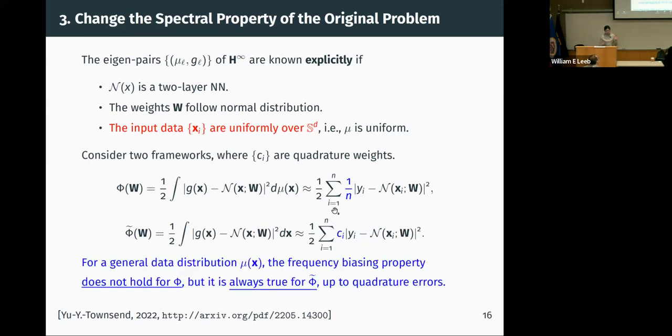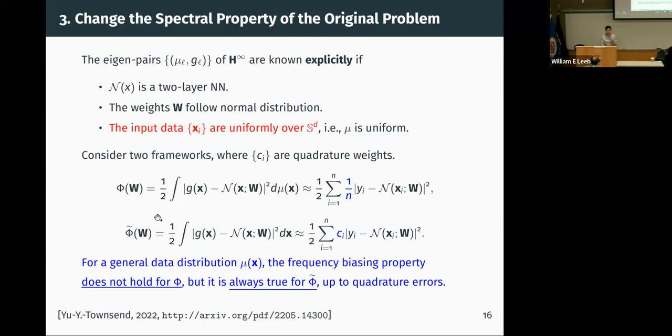I'm just going to summarize the main result in the paper: you actually lose frequency biasing if mu is no longer uniform. When mu is not uniform, there's a difference between these two. You don't have this clear low frequency to high frequency transition, because not only can you not analyze it, but I also don't think it exists anymore.